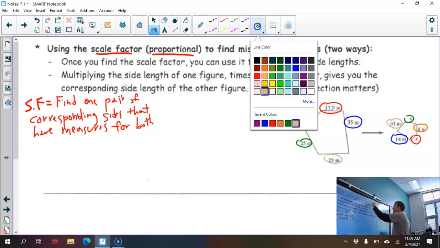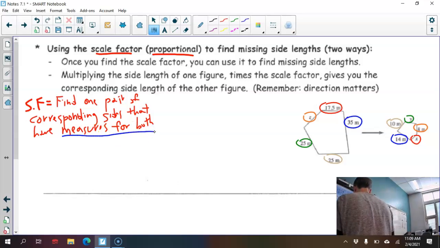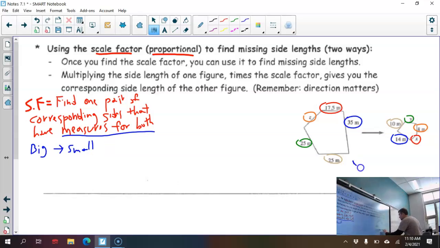Okay. So if I want to find the scale factor, then I need to use one pair of sides where I have measures for both. And I'm going to go first, big to small. So big to small, I'm going to use the blue one.